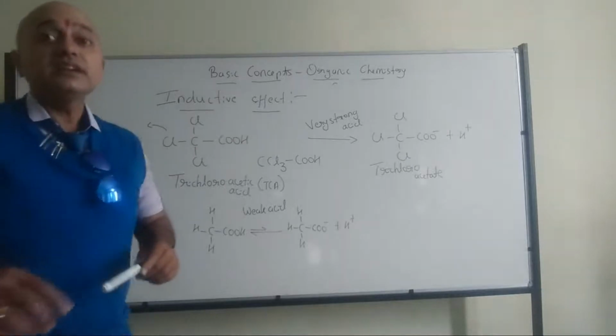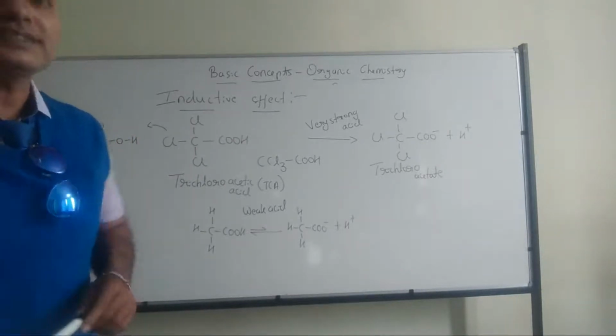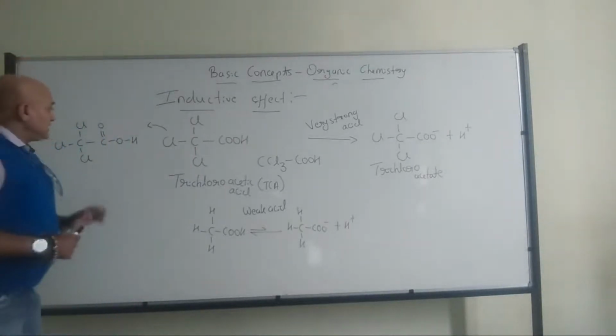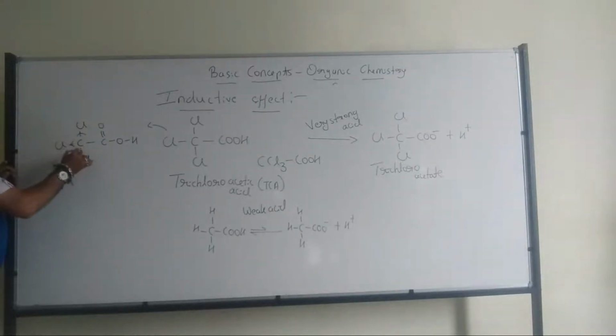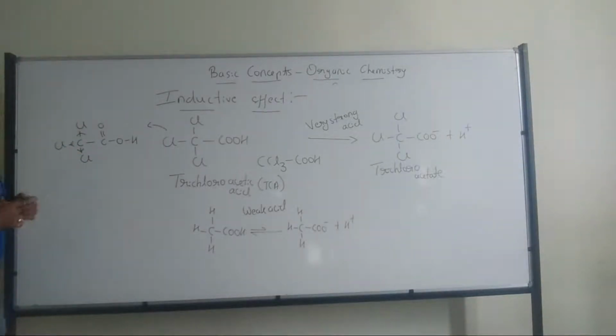Now, since three chlorines are present here, which will try to pull the electron towards themselves, this particular carbon, poor fellow, will be under stress because these chlorines are pulling the electron away from this carbon.